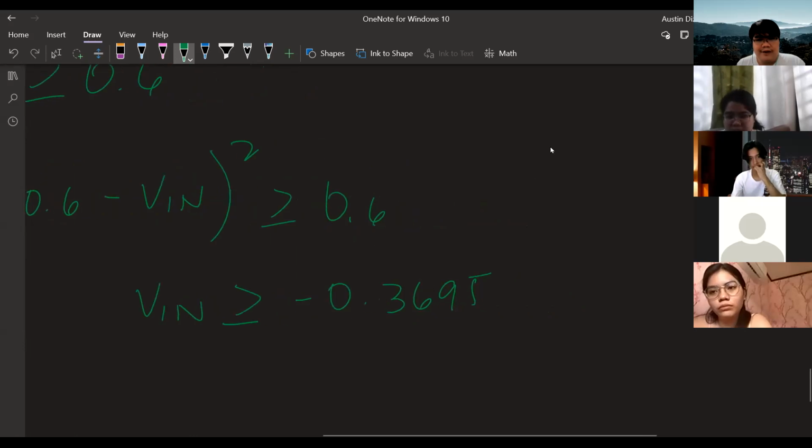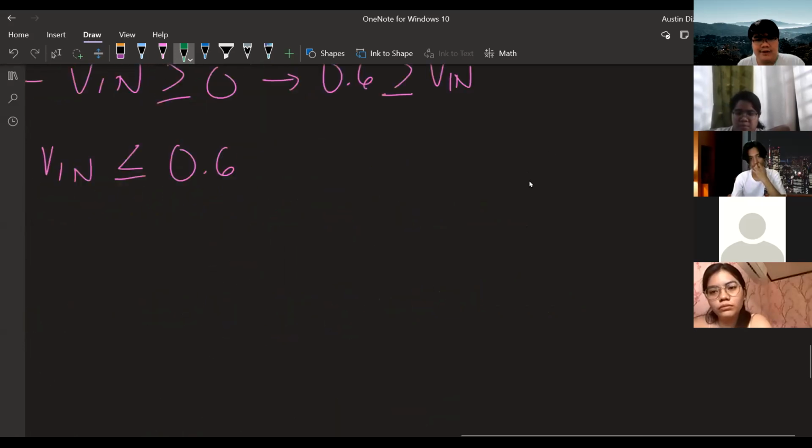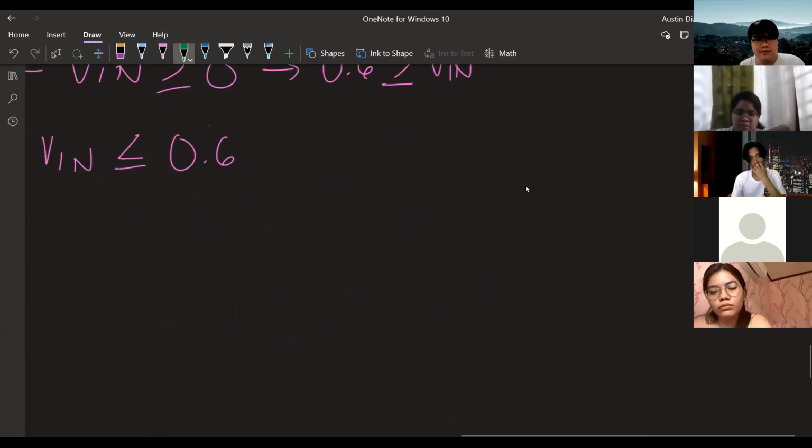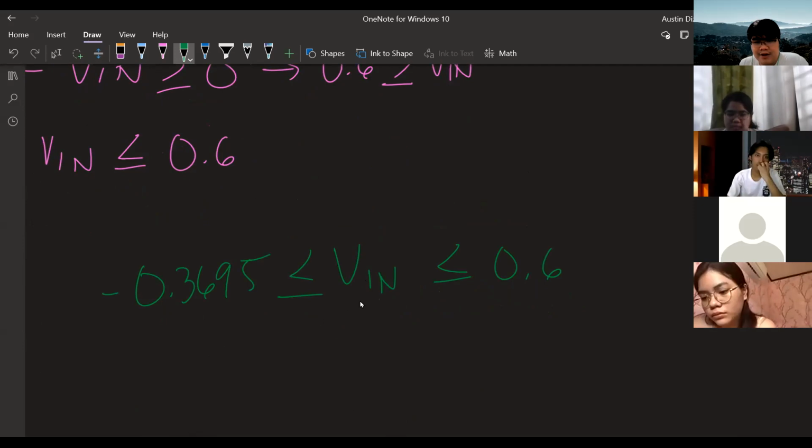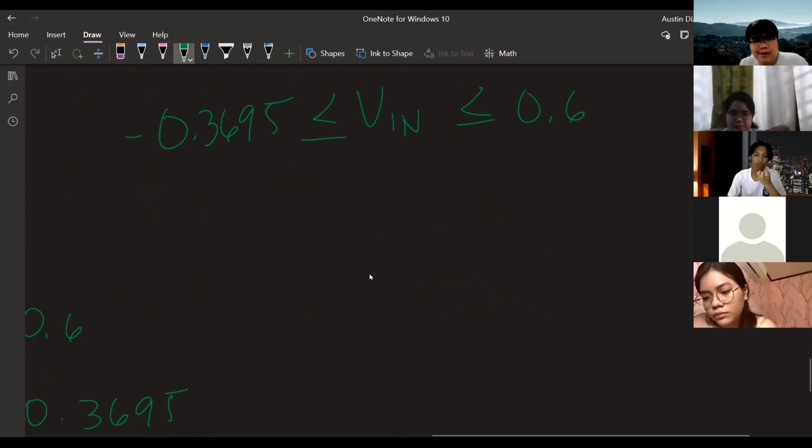Okay, now we have our ranges for V in. So V in must be less than 0.6 and must be greater than negative 0.3695. So when this input is satisfied, our MOSFET remains in the saturation region. Okay?